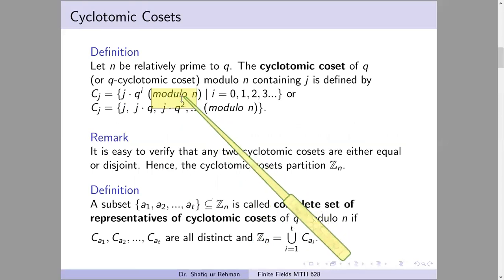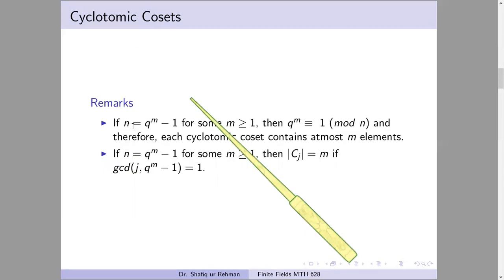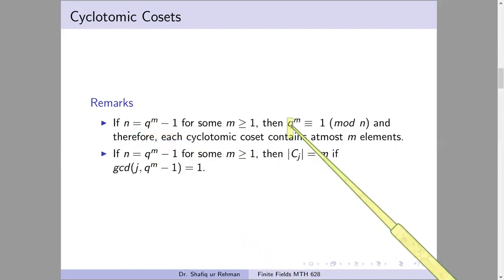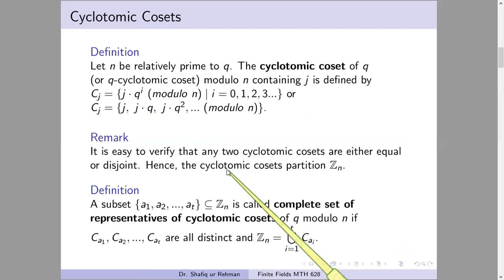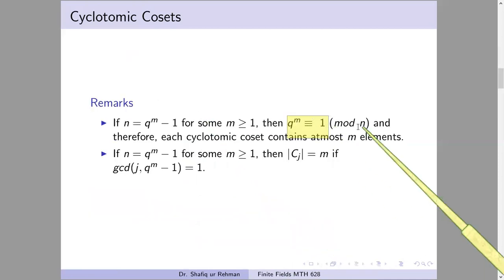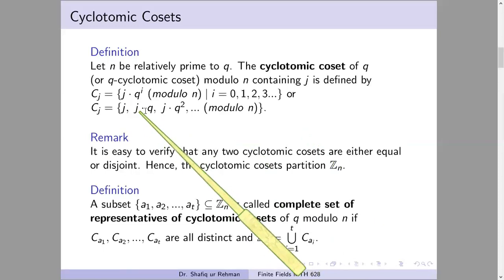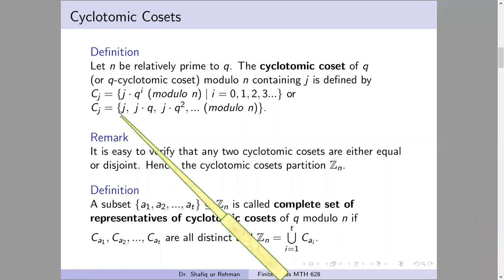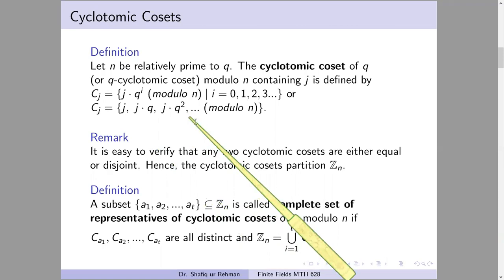This mod number is actually n, and if it has the following relation with q, that n equals q to some power minus 1, then q power m minus 1 will be congruent to 0 mod n, and therefore q power m will be congruent to 1 mod n. Now this set consists of powers of q multiplied by some j, so if we continue taking powers of q, when q power m appears, due to this property under mod n, that power will become 1.